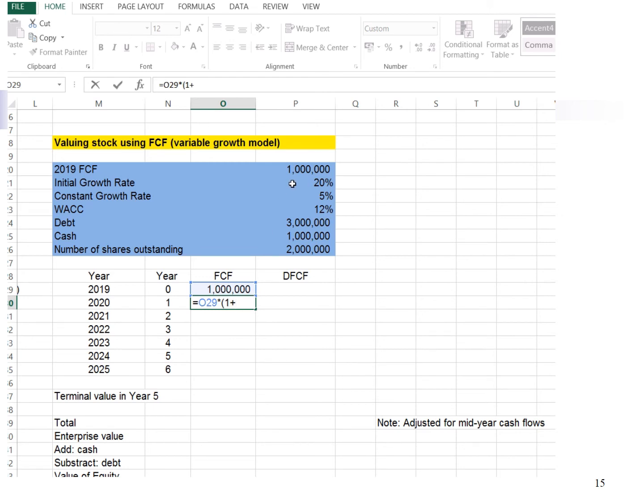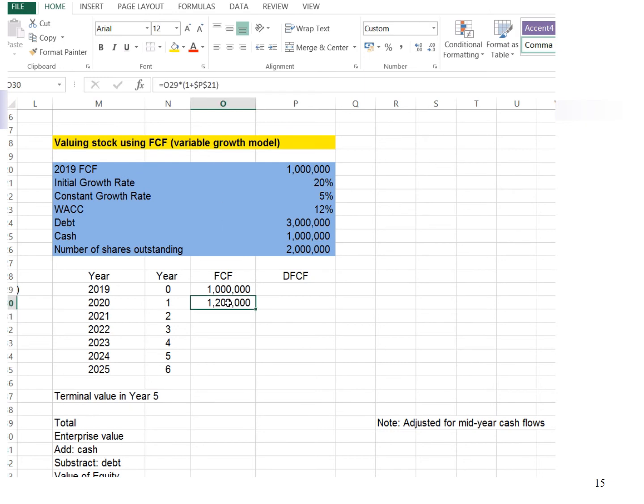The initial growth rate is 20%. So I'm going to point 20% and close bracket. Take note that I will put a string here. I shall type F4 to fix the reference cell to the initial growth rate. And here is the answer.